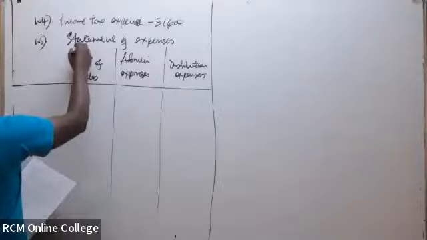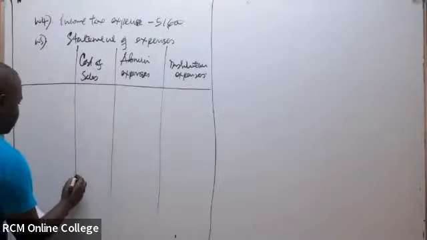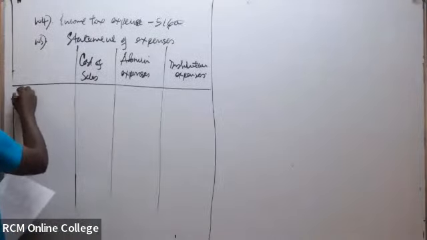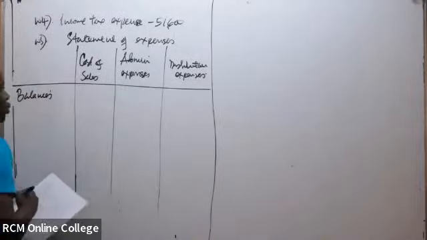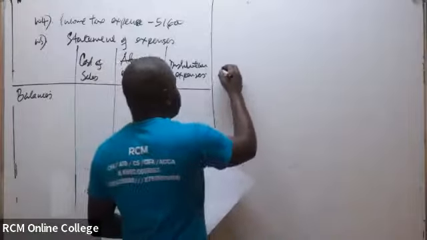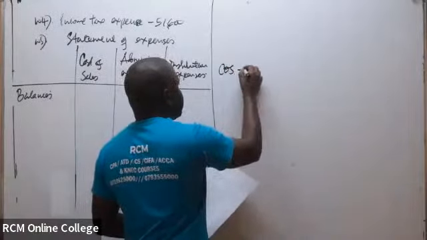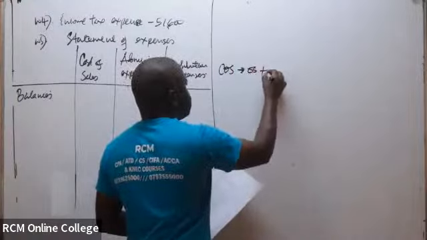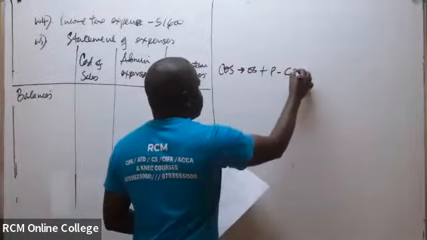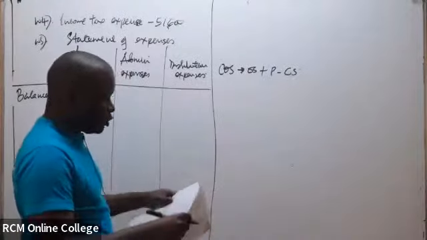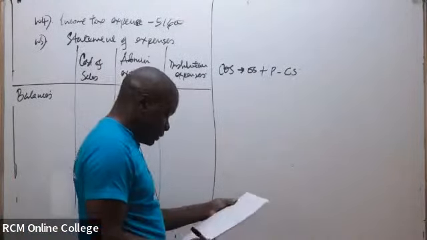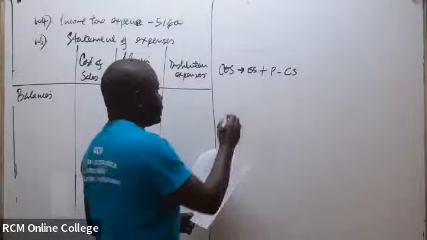So we can start with the balances as per the trial balance. For the cost of sales, we will have the opening stock plus purchases minus the closing stock. The opening inventory, which you can see in the trial balance, is an amount of 138,000.